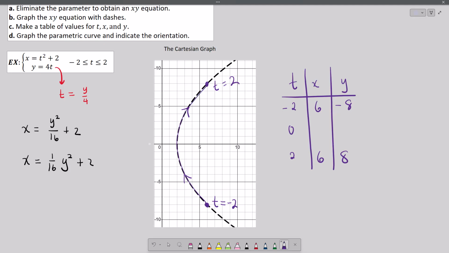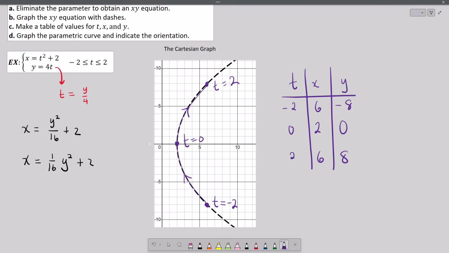So we don't need that midpoint. We only need it if it's a closed curve, so we can tell clockwise or counterclockwise. But in practice, it's always helpful to get a third point in the middle just because. So we're at 2, 0, and that would be t equals 0. So we have this parametric curve.